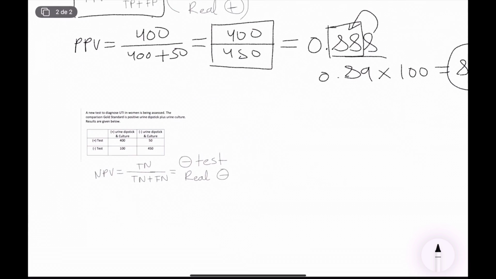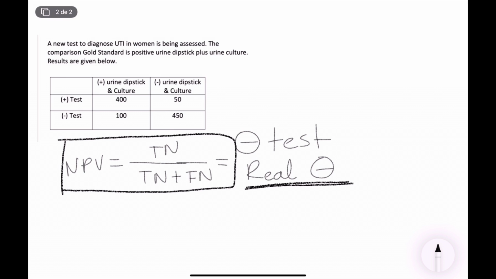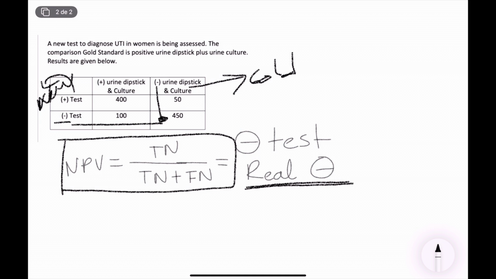And the last one is the negative predictive value that says that when a test is negative, what is the probability that it is a real negative. So this is the formula that you must know. It's true negatives, that are the ones that in the gold standard are negatives, and in the new test are negatives. So they are 450.